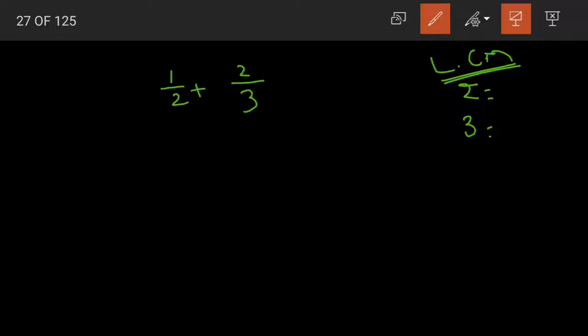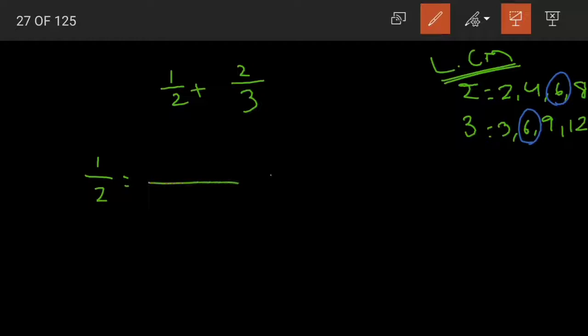So let us write the multiples of 2 and 3. 2, 4, 6, 8, and 3, 6, 9, 12. If we observe here, we've got our least common multiple, that is nothing but 6. So 6 is the LCM of our denominators 2 comma 3.